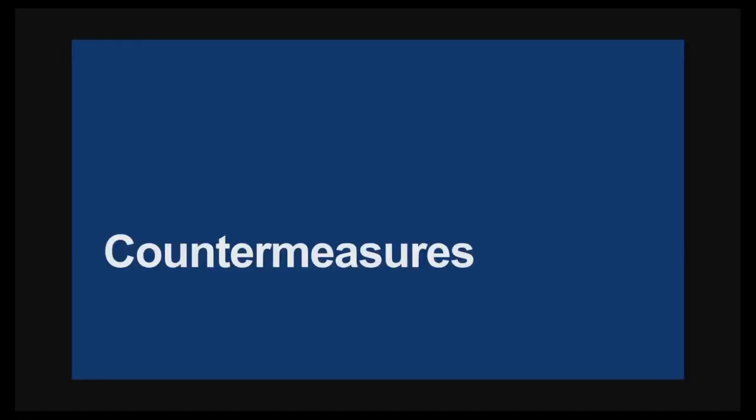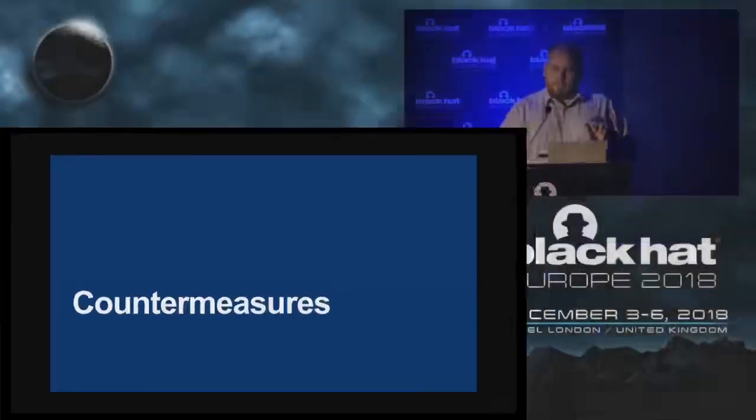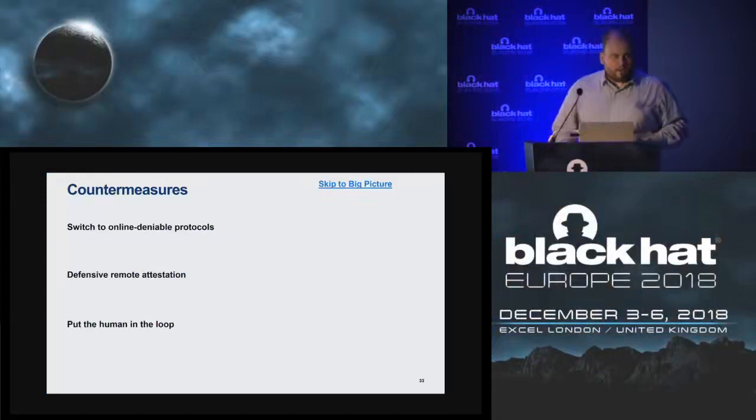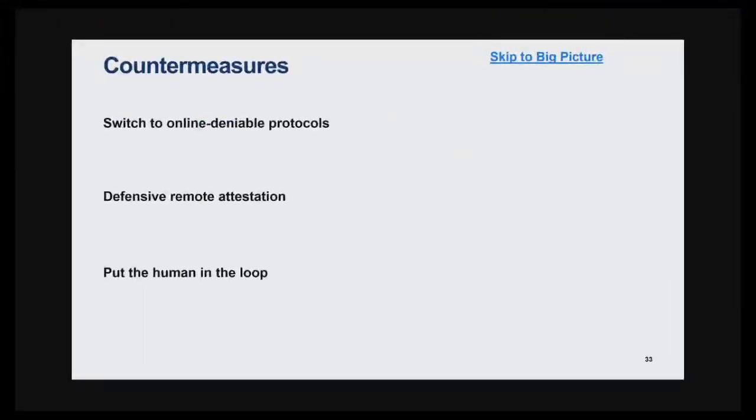So now that we've done that, I'd like to move on to some countermeasures for this. Because while this will work with essentially any current messaging protocol, there are nonetheless some things that we can do to mitigate the problem. So first I'm going to talk about a class of protocols that is somewhat more resistant to this.